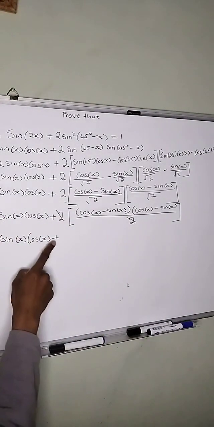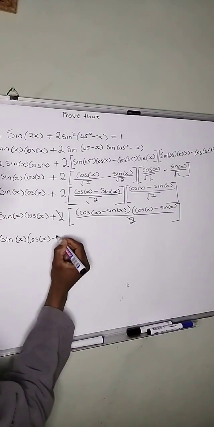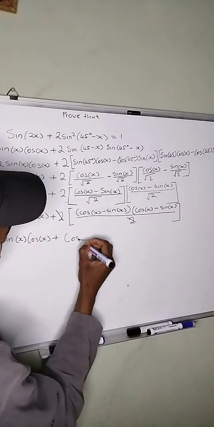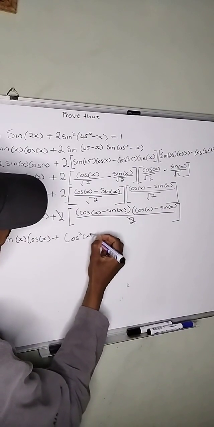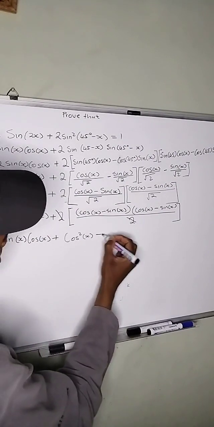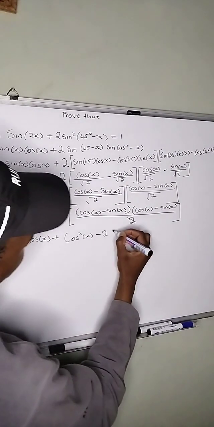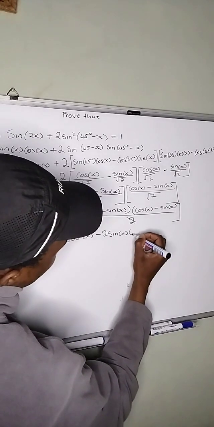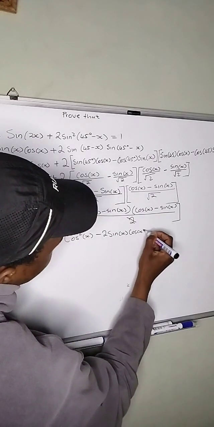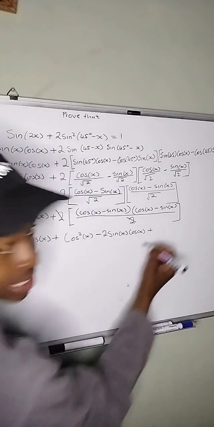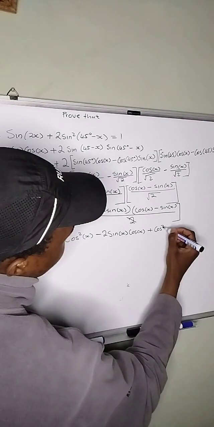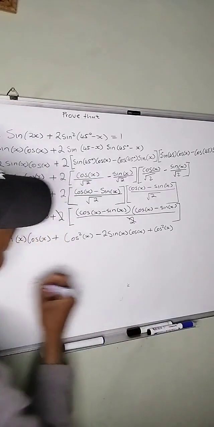So I'm going to add plus cos squared minus 2 sine x cos x plus cos squared x.